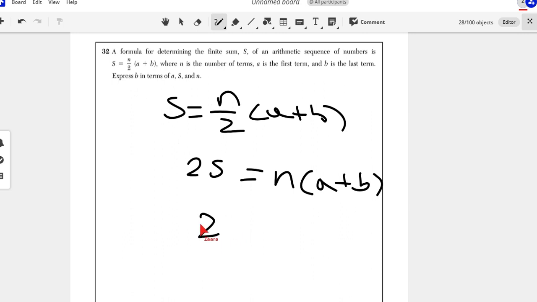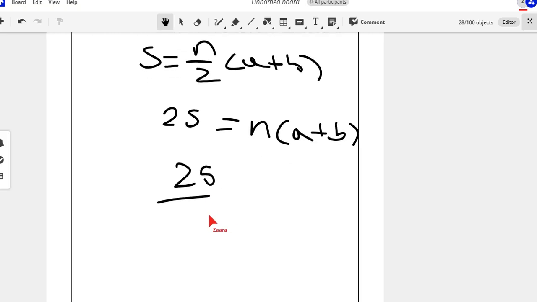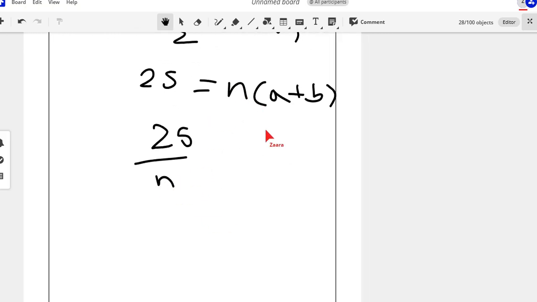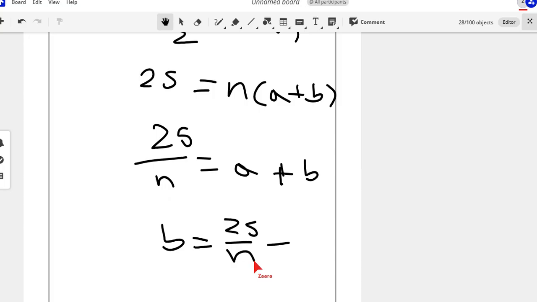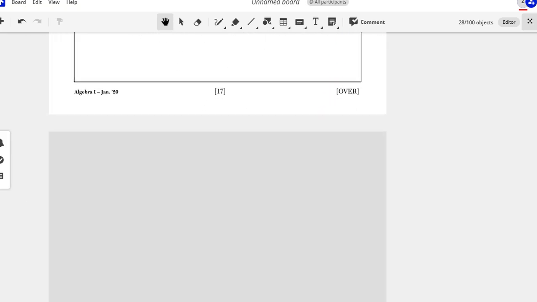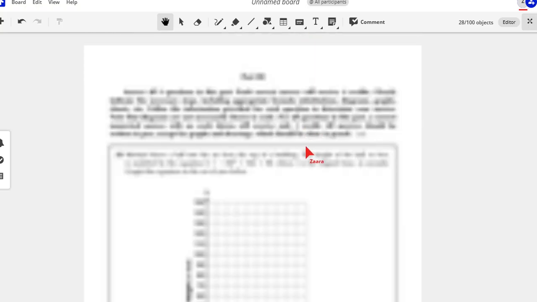Okay, it was good. This is what I got. So this is an S, not 5. You wrote it in terms of S and N. Next one. This is correct.